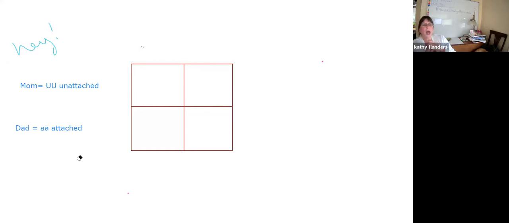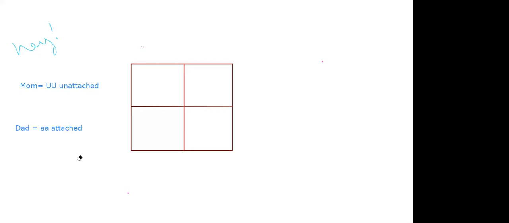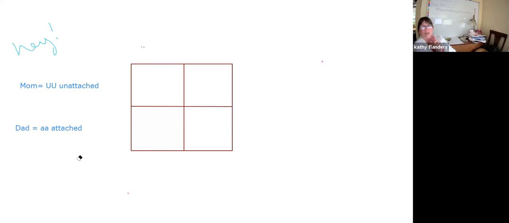So we've got mom as unattached and dad as attached. Kind of odd alleles there, but let's go with it. Will it work that they're different letters? I find it gets confusing that way, but let's go with it and see what we find.